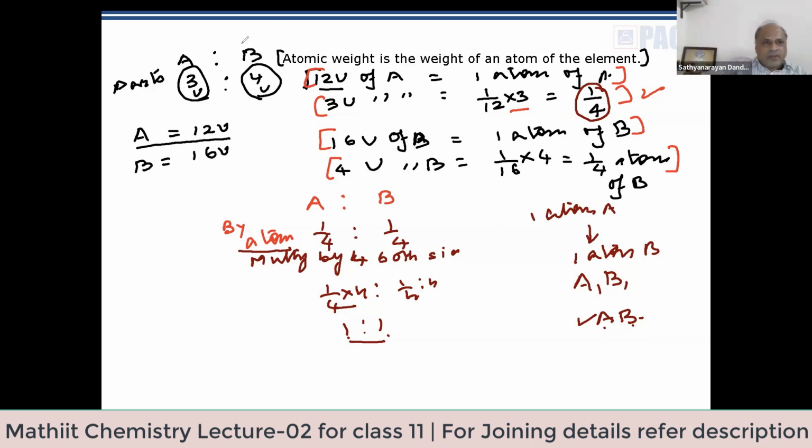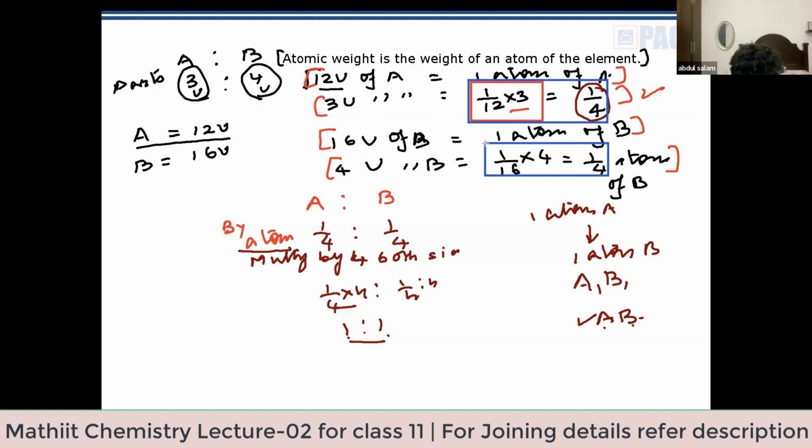Now, tell me, what is this? What is this? Number of atoms of A or not? Yes, sir. And what is this? Number of atoms of B or not? Yes. How did I get it?